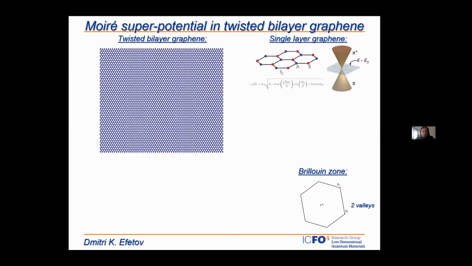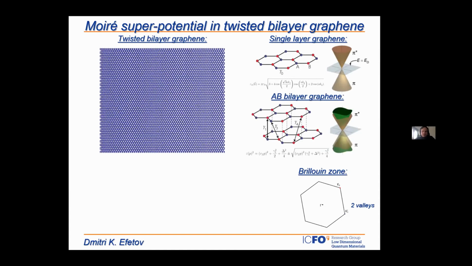The story is very similar when we now take AB bilayer graphene. This is the naturally occurring, stable form of bilayer graphene, AB stacking, where the top layer is slightly shifted with respect to the bottom layer. Because we now have 4 electrons per unit cell, we have 4 bands.